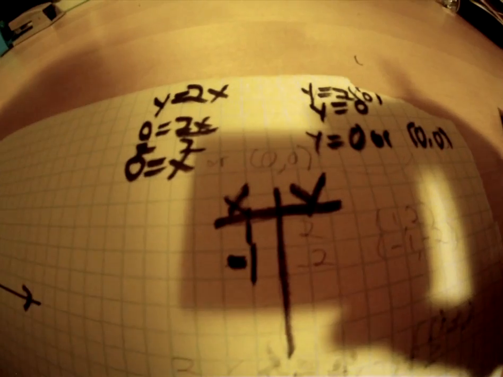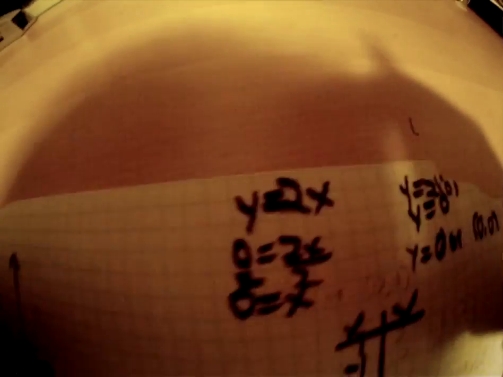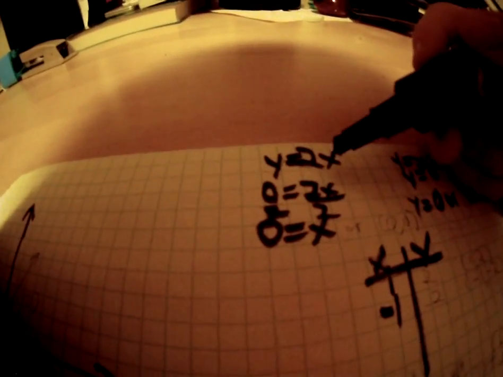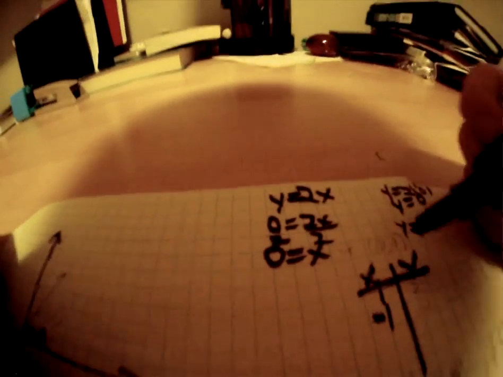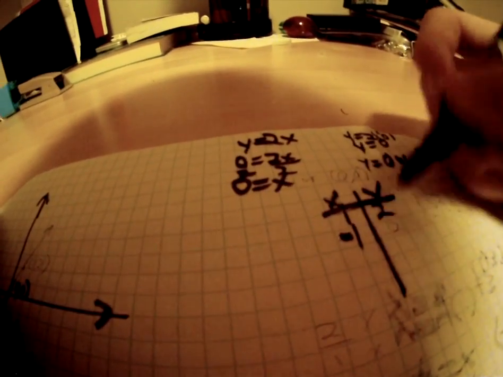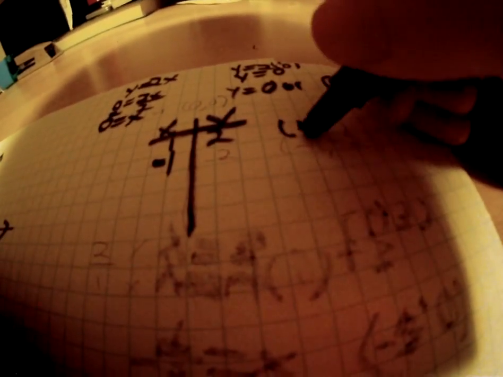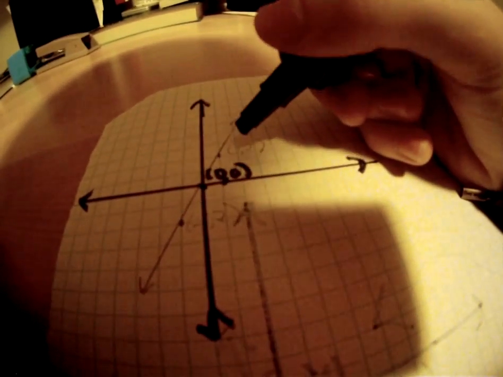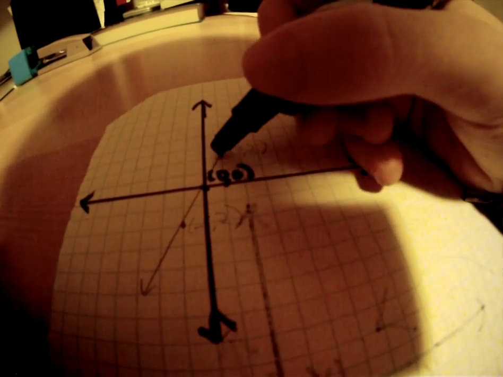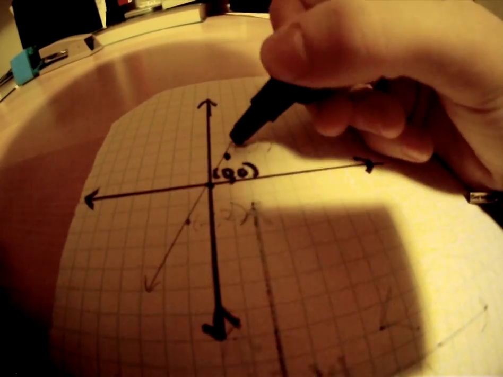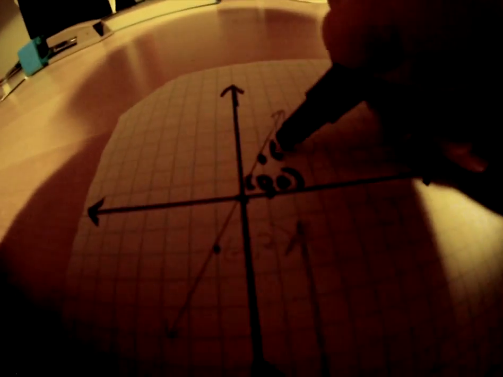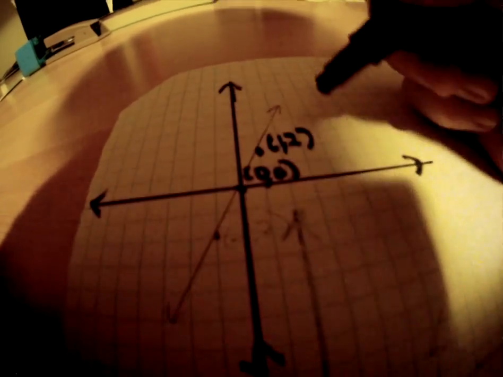So for 1, if we plug that in, it'd be 1 times 2, which is 2, so y equals 2. And so that ordered pair would be 1, comma 2. So we can go over here and go to the right 1 and up 2, which is right there. And that'd be 1, comma 2.